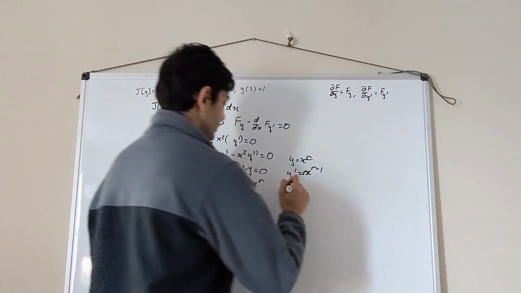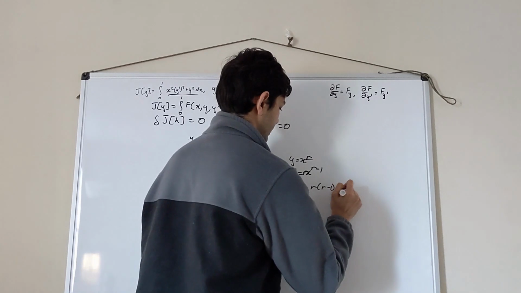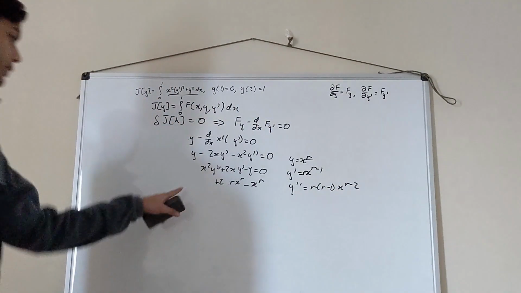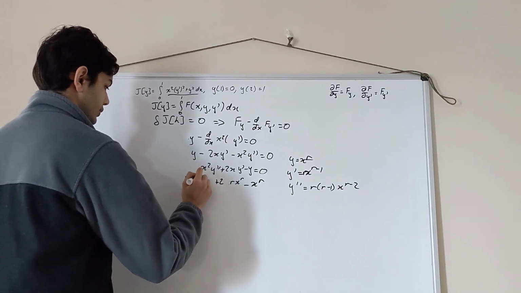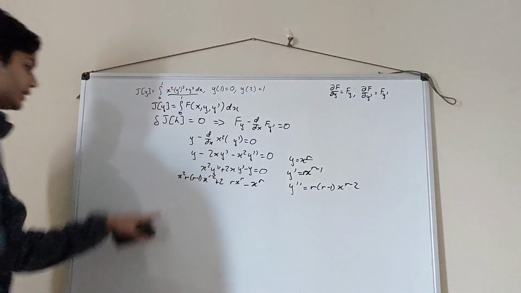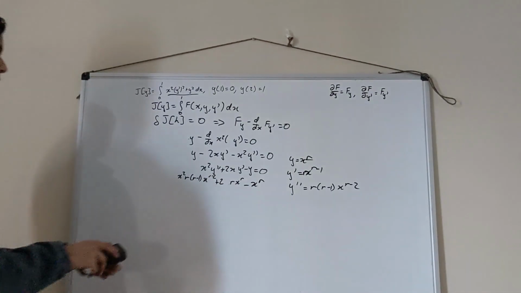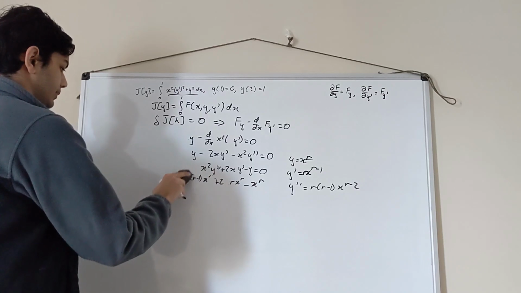Then y double prime is equal to r times r minus 1 times x to the r minus 2. So then x squared times x to the r minus 2 just gives you x to the r again.